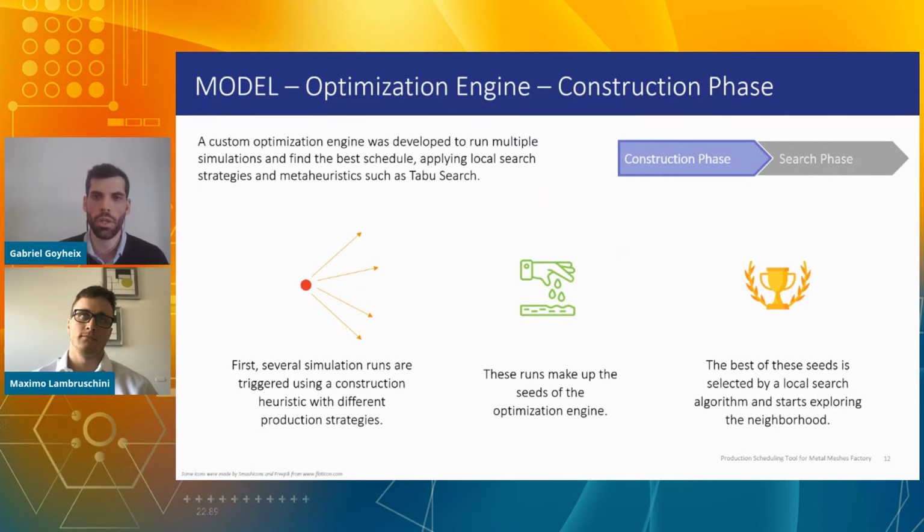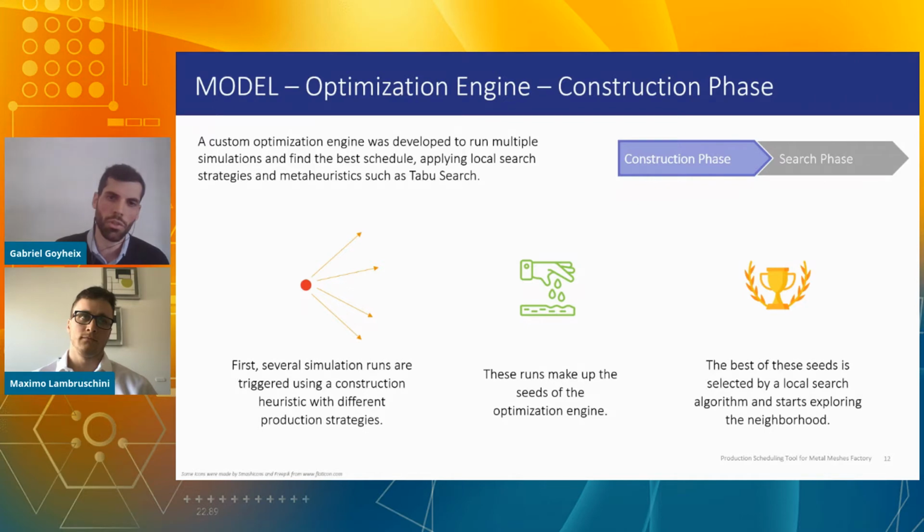First of all, it triggers multiple simulation runs using a construction heuristic with different production strategies. These different production strategies are basically variants of the heuristic covering a range between favoring commercial prioritization or production efficiency. Each of the simulation runs is run until the end, and then it can compute the overall result using an objective function that mainly takes into account the covered forecasted sales.